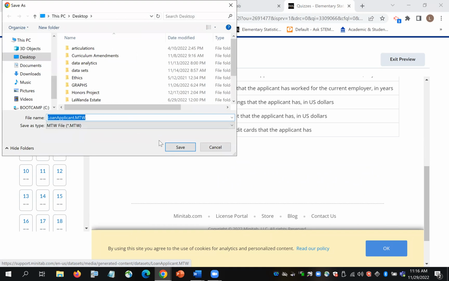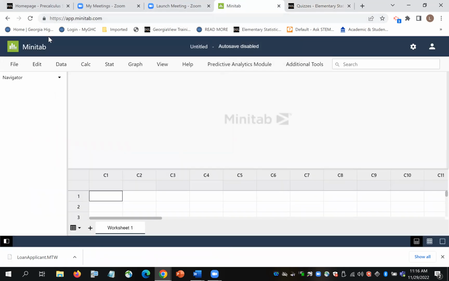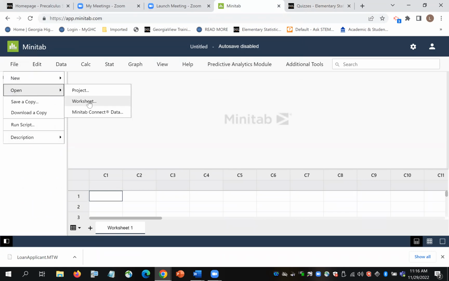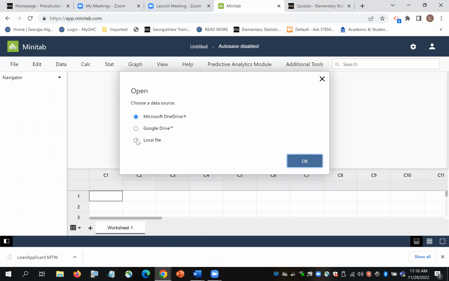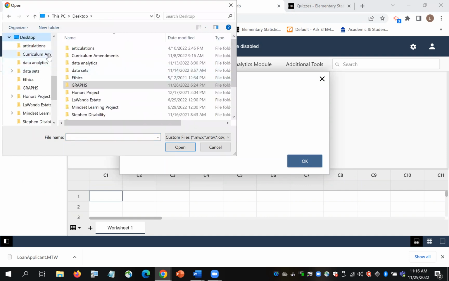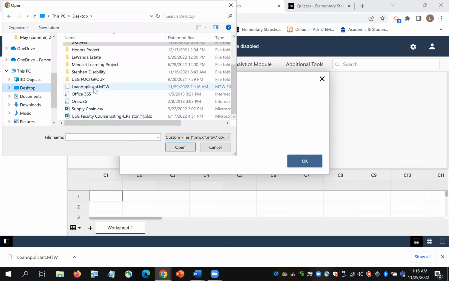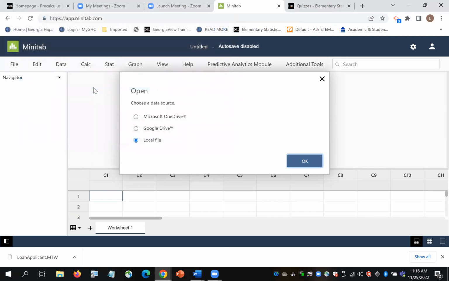We've been doing this all semester long. I'm going to save it. I'm not going to try to open it, but then I go into Minitab and I want to open the worksheet, and I can pull that data. And it was loan applicant.